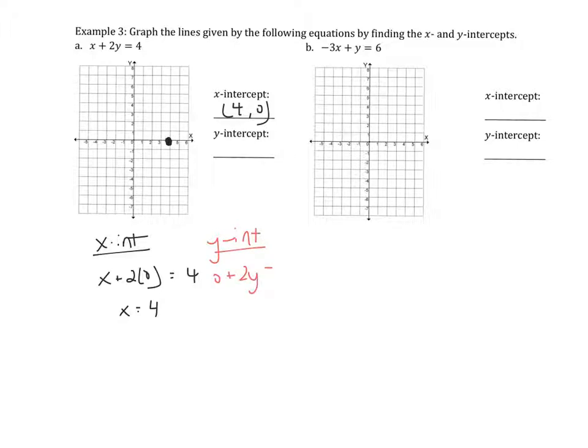So that x term disappears. So we have 2y equals 4. Divide both sides by 2, so y equals 2. So our y-intercept is 0, 2. We can go ahead and plot that. To graph a line between 2 points, so we have our 2 points. Now we're just going to connect them to form our line.